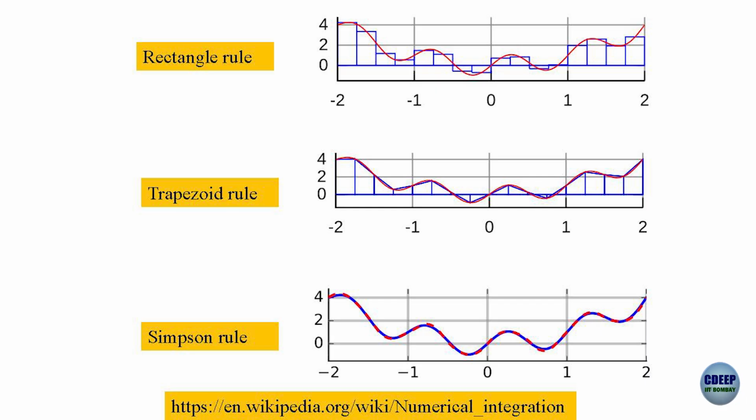Basically, the function is approximated using some known, easy function, the area under which you know. So, you keep subdividing and then add them up. Is the concept clear? This is how you learnt, right? Yes or no? Yes, very good.